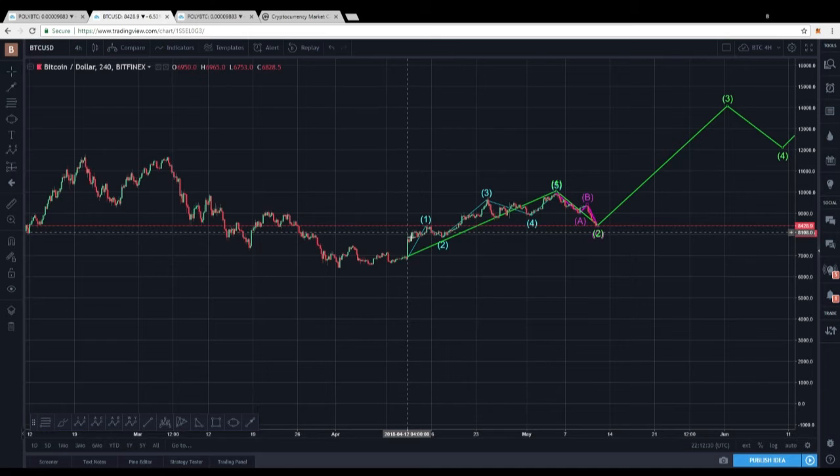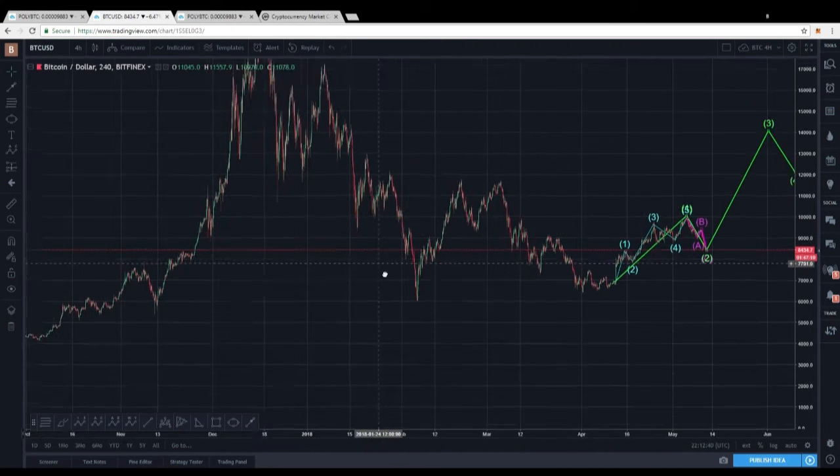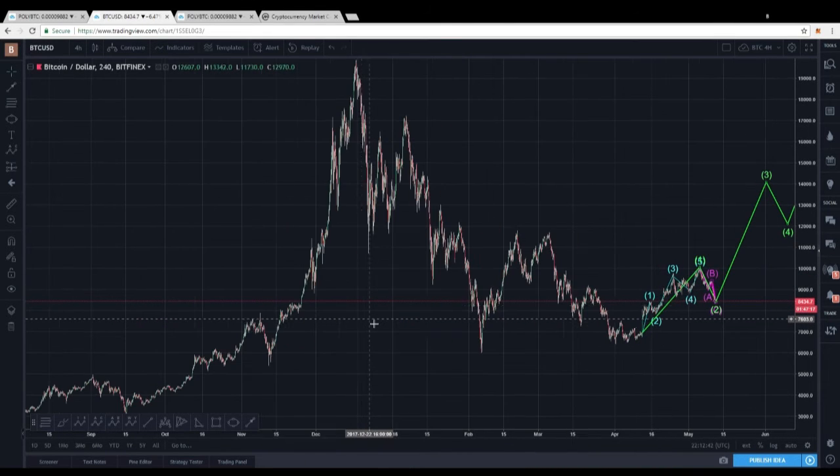That's when everybody got all this bullish sentiment, and we increased steadily and healthily, and we retraced a bit, guys.